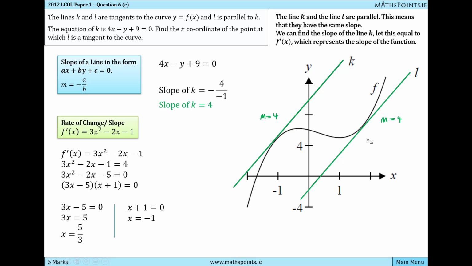So the point of tangency for line L and the function f is when x is equal to 5 over 3. And the point of tangency for line K and the curve f is when x is equal to minus 1. We were asked to find the x coordinate of the point at which L is the tangent, and so x is equal to 5 over 3.